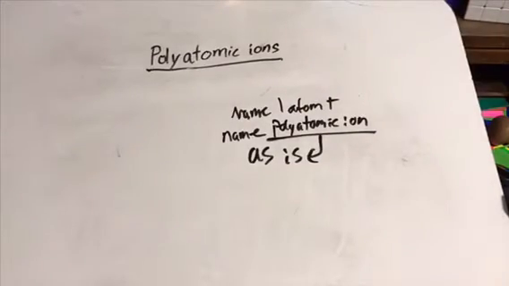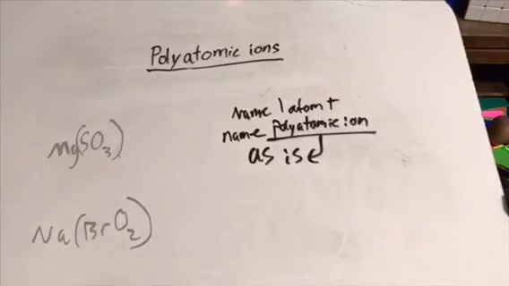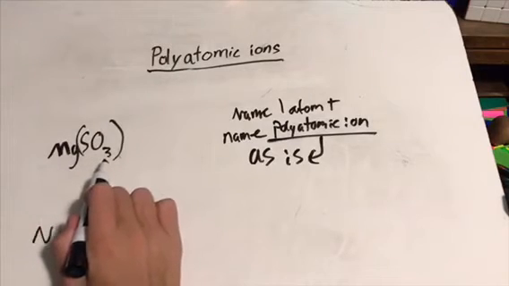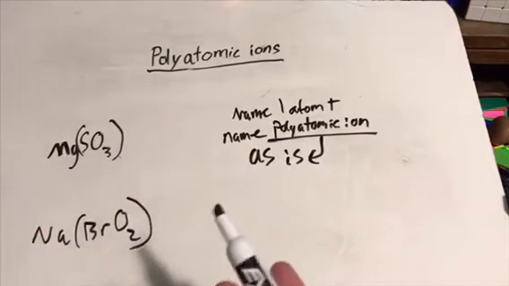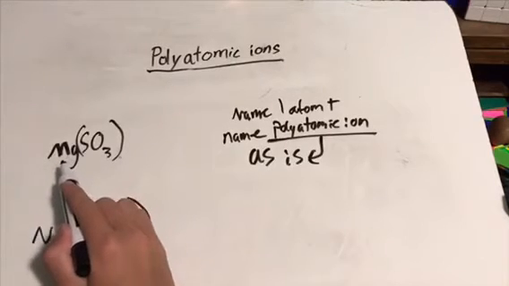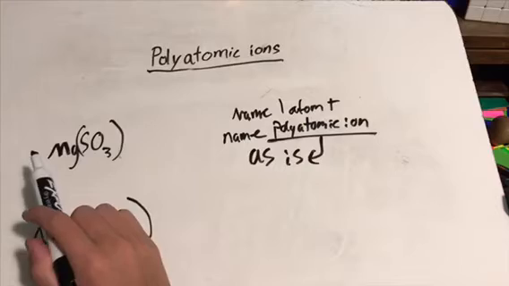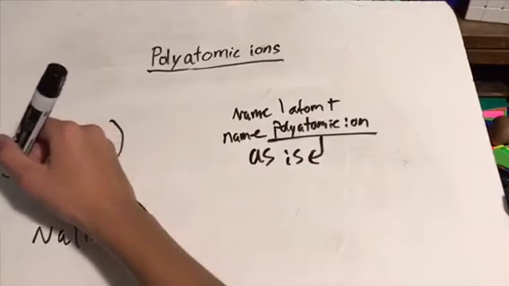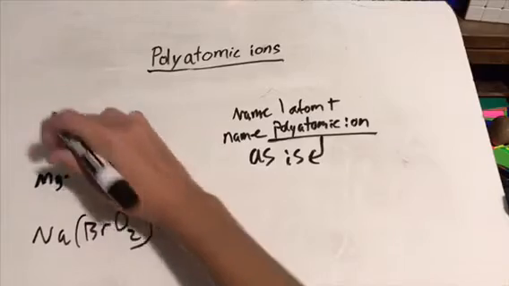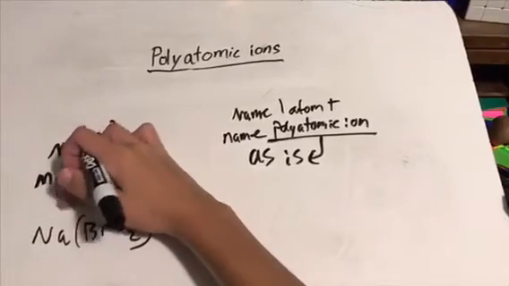So, just a couple of quick examples. MgSO3. How would you name this? Well, you'd first look at the first atom, Mg. That is magnesium, so you'd write magnesium.